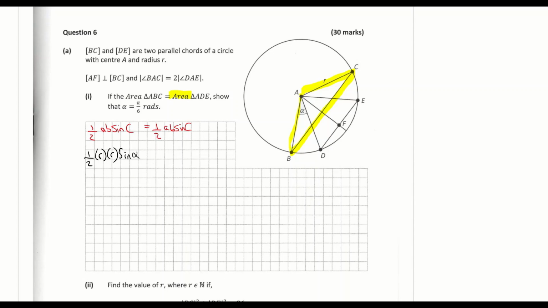If we look at our shape here, you'll see that these four angles are equal in size, because it tells us in the question also that we have two parallel chords of a circle with center A and radius R. And if you remember, the definition of a chord means that the two sides are bisected when we draw that perpendicular line coming from the center of the triangle.